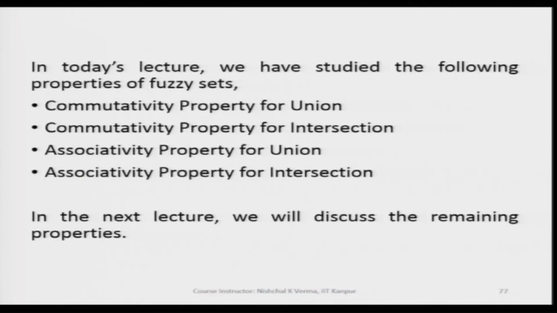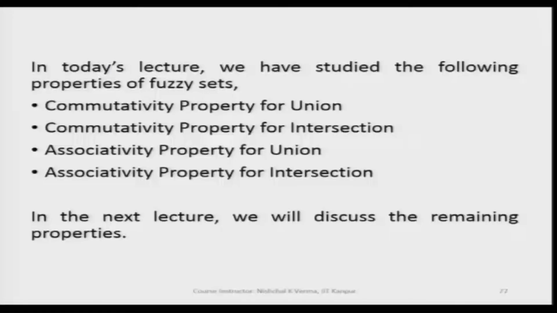In today's lecture we have so far covered the following properties of fuzzy sets: the commutativity property for union, commutativity property for intersection, associativity property for union, and associativity property for intersection.